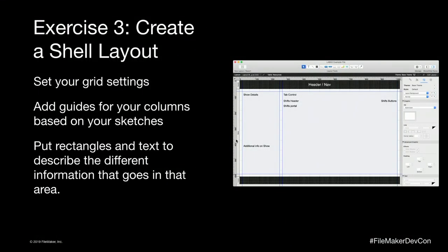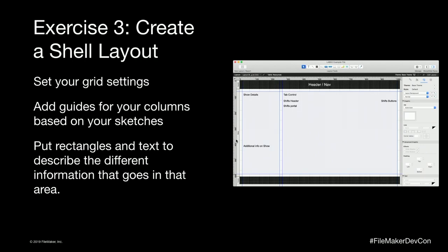Okay, so here's what we're going to do. We're going to create a shell layout. There is a layout in the file that you downloaded that is an example of this. But what I'd like you to do is create a layout in your system, and it can be based on one of the ones you're designing or want to work on. What I want you to do, based around some of the visual hierarchy principles we talked about, is set your grid settings.